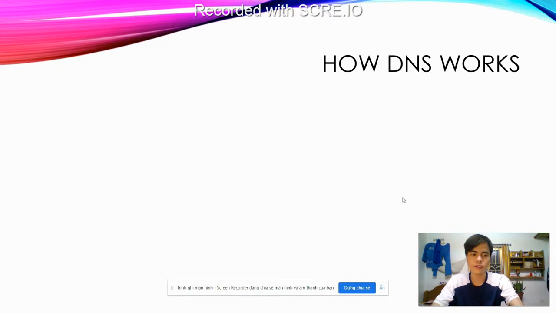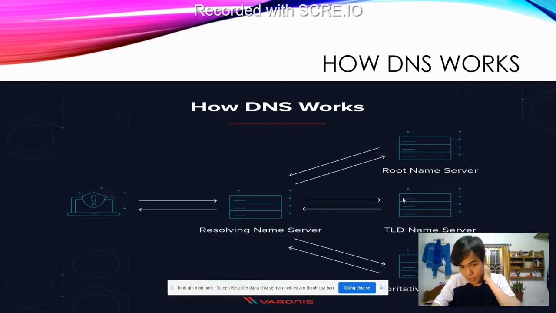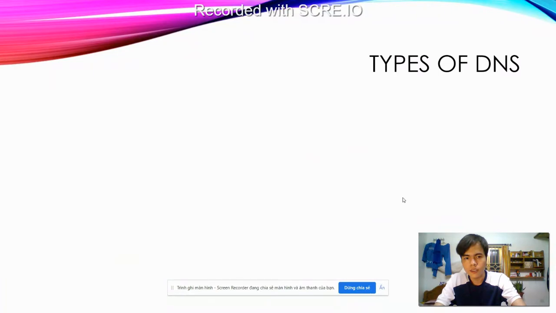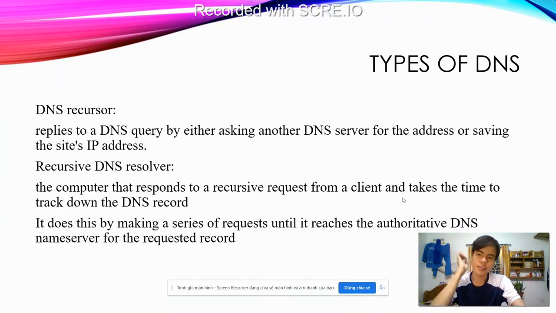How does DNS work? Here is a picture of how the normal DNS will work, and I will talk about this more specifically in the types of DNS. Type of DNS: first of all is the DNS recursive. It replies to the DNS query by either asking another DNS server for the address or saving the site's IP address.